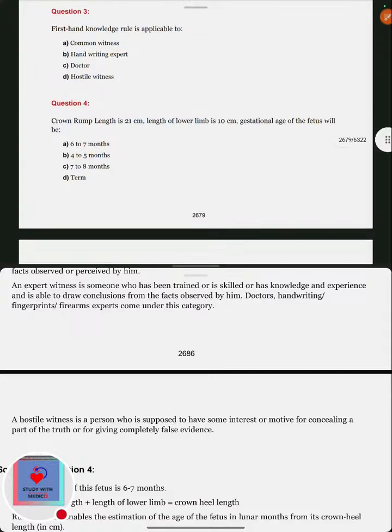Okay, next: crown rump length is 21 centimeter, length of lower limb is 10 centimeter.